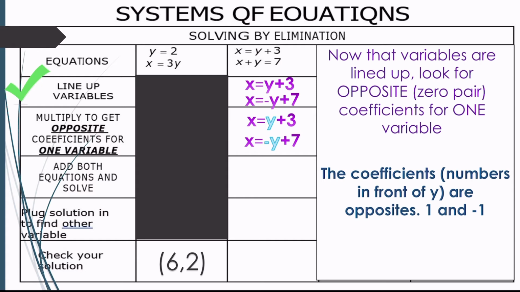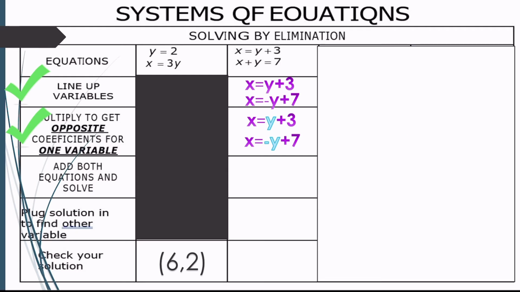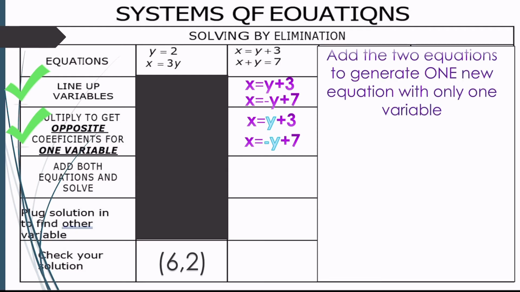So I need you to write in, as you're doing this problem, the sentences I have on the right-hand side. Those need to be written in your notes. You will not get full credit if those are not written in. So since this step is done, I can move on, and now I'm going to add both equations. So let's see what this looks like.